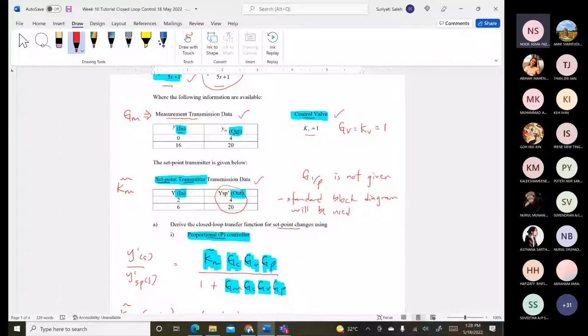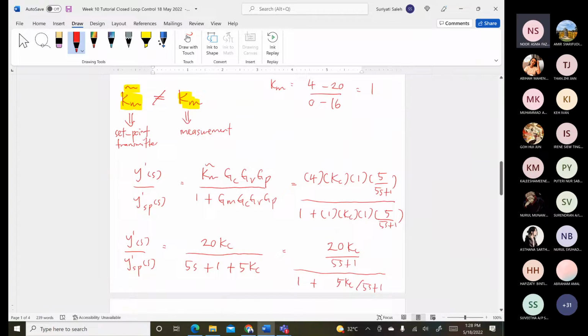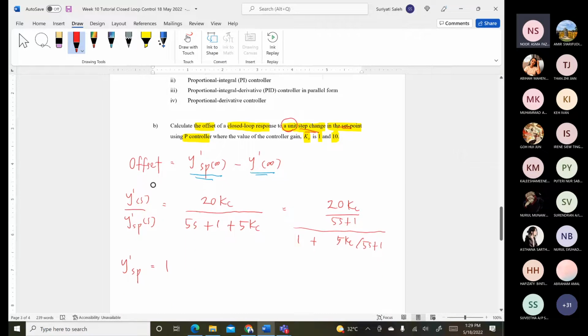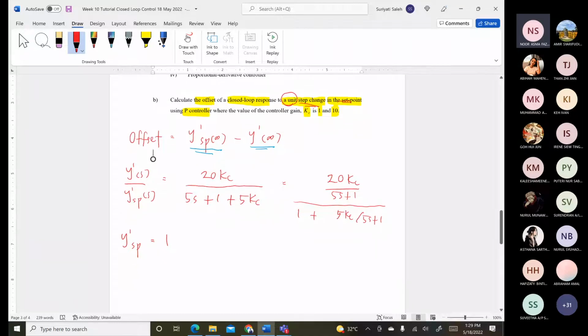I found out some of you use this value, which is not in accordance to the given question. The question clearly states a unit step change in the set point. So this means you need to use the given information. So for this part, the y prime sp is equal to 1. So meaning that the y prime sp of s, when you do the Laplace, is 1 over s.